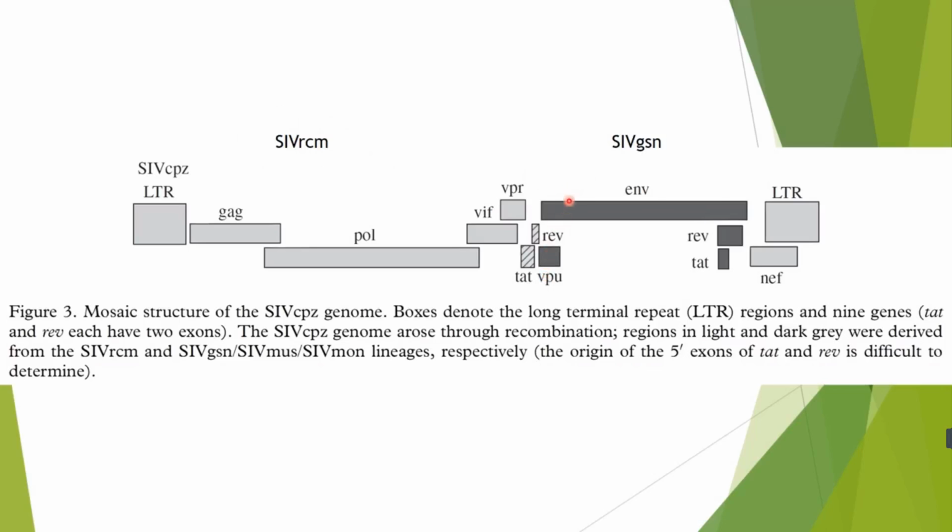What's labeled in black is from the spotted-nosed guenon SIV. So the chimpanzee genome that we see here is a hybrid molecule forming part from one monkey and part from another monkey to form the SIV chimpanzee genome. So this is the actual viral genome that we're showing you right here.